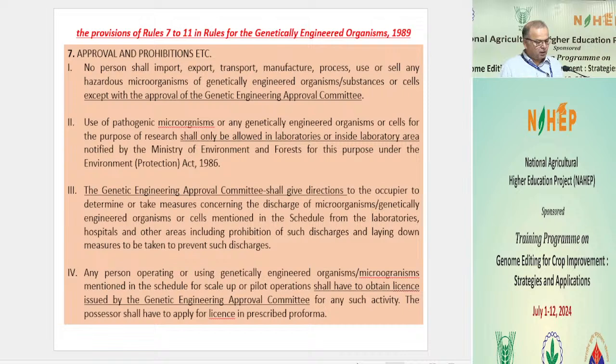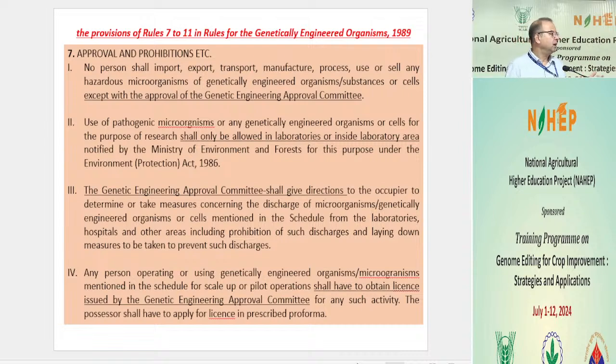Any person operating or using genetically modified organisms, if they want to scale up or do any pilot operation, shall have to obtain a license issued by the Genetic Engineering Approval Committee. Suppose I developed a transgenic plant and I want to multiply it, I want to do seed production.